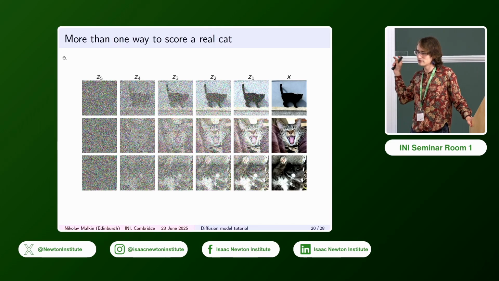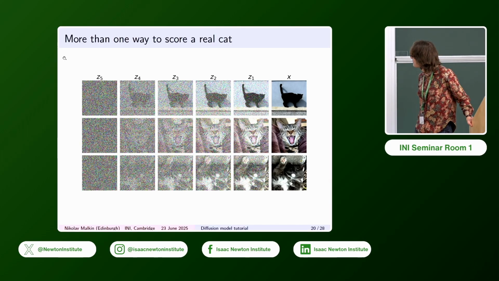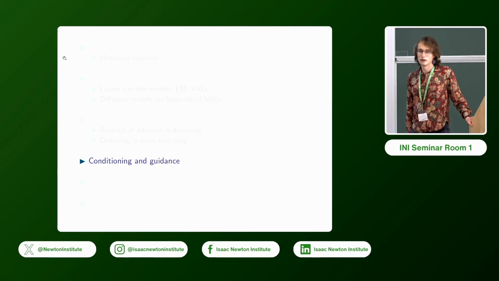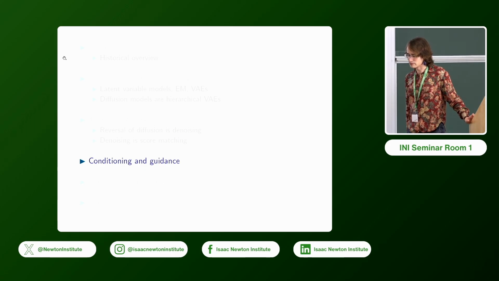And then at very low noise levels, at the final steps, you refine and go close to realistic data samples. All right, so that concludes the section on diffusion models as latent variable models and score-based models.